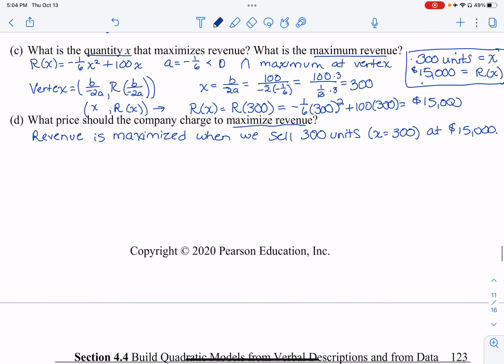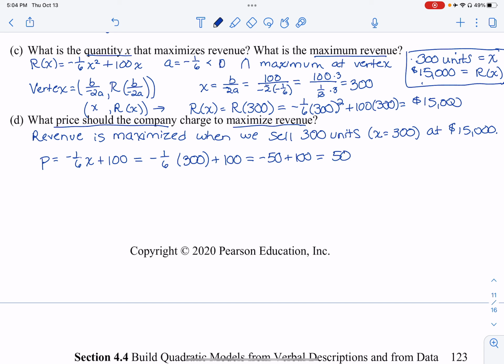So when we sell 300 units, we can go back to our price equation, P is equal to negative 1/6 X plus 100, and we can find out what price the company should charge. So we have negative 1/6 times 300 because we're selling 300 units, plus 100, which is going to be equal to negative 50 plus 100, which is going to be equal to 50.